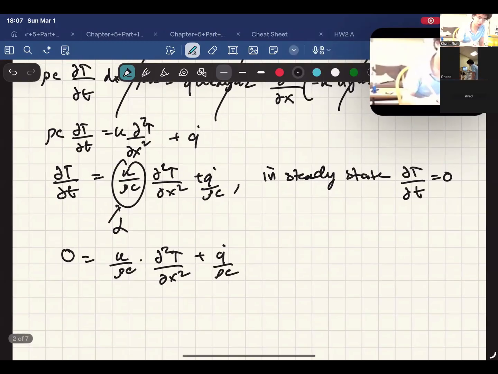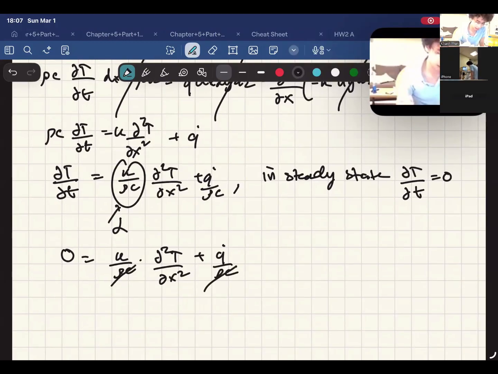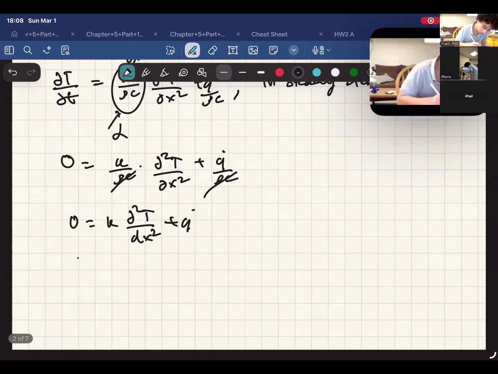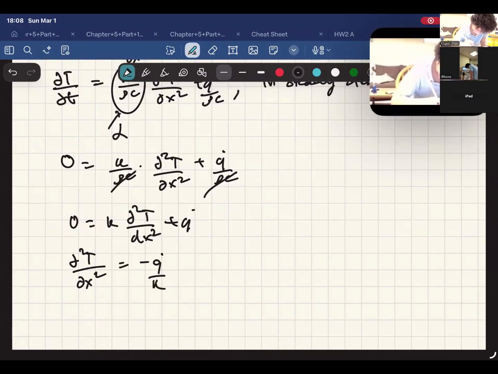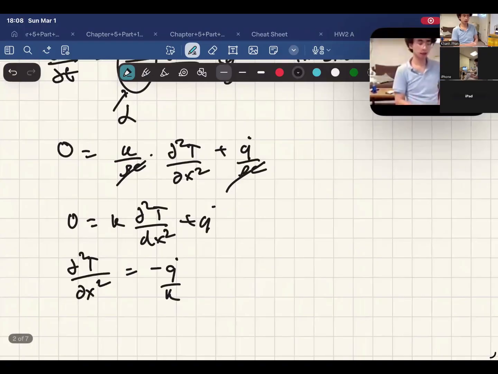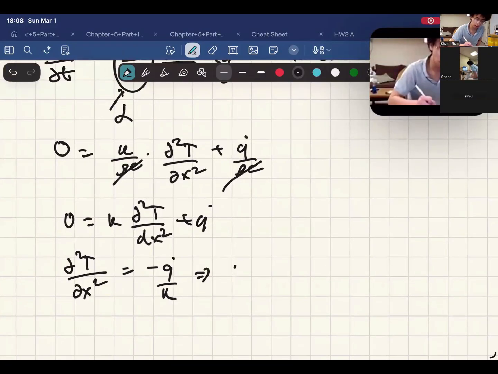And we can cancel out density and heat capacity. We would have k times the second derivative of temperature with respect to distance plus q. So now we're gonna move q over to the other side. We're gonna have negative q, and we do the same for k too. And now we see that the second derivative of temperature is a constant. So we know that temperature has a parabola shape.